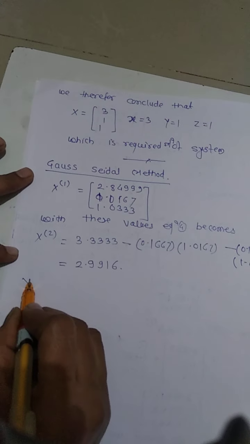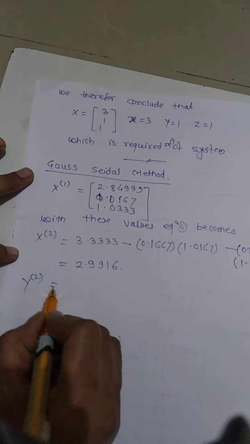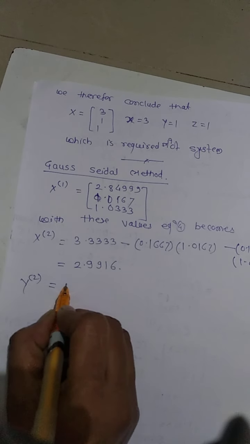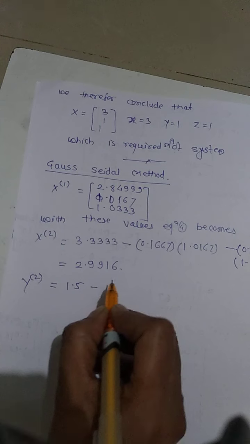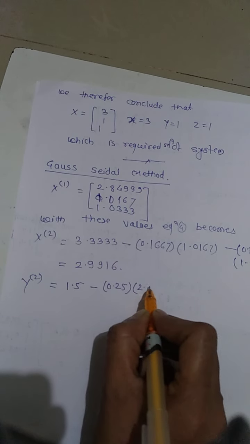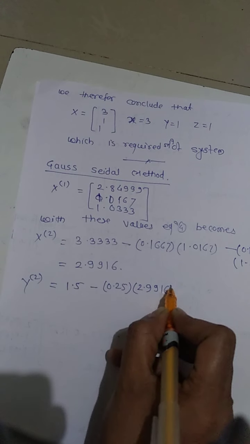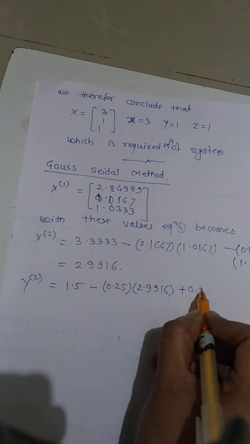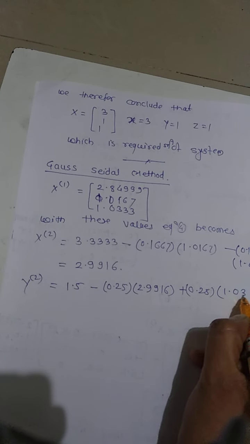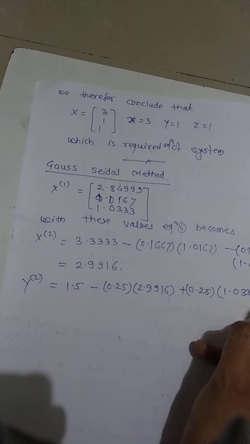2.9916. Then y of 2 from equation 5, that is 1.5 minus 0.25 into 2.9916 plus 0.25 into 1.0333.